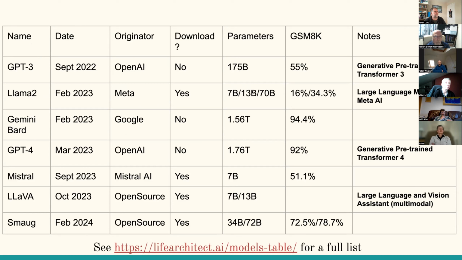And 13 billion you might on a large desktop. 70 billion, no. You need a really big server to run that size of model. We can see here we've got Mistral 7 billion. In this test case, it gets just over half right. GPT-4, at 1.76 trillion parameters, is getting close to 100% right on these 11-year-old style questions.